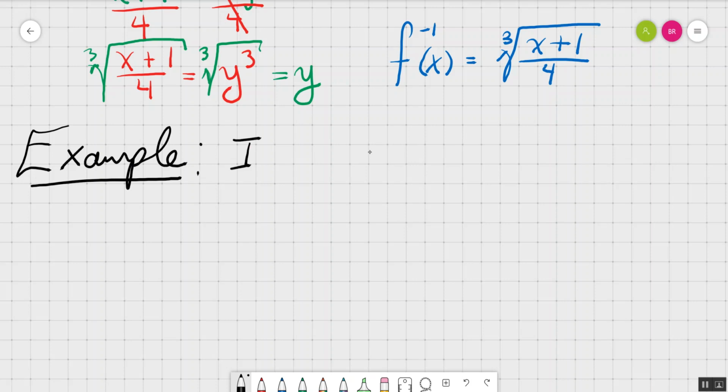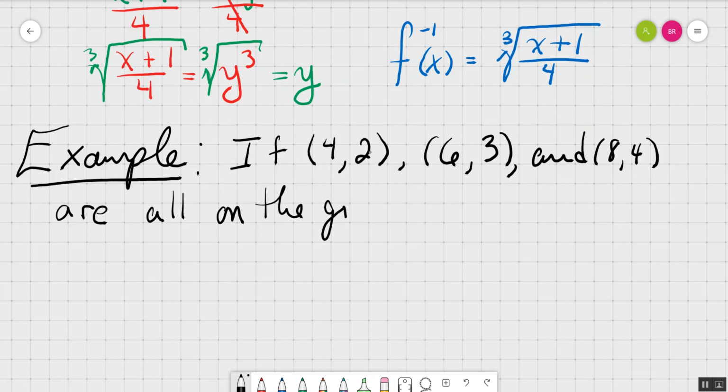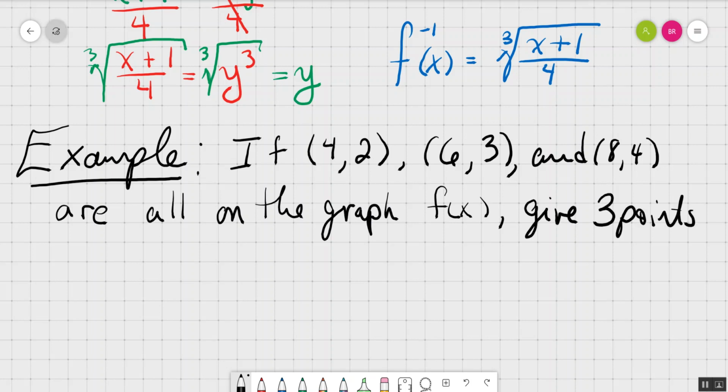So suppose you have the points (4, 2), (6, 3), and (8, 4) all on the graph of f of x. Give 3 points that'll be on f inverse.